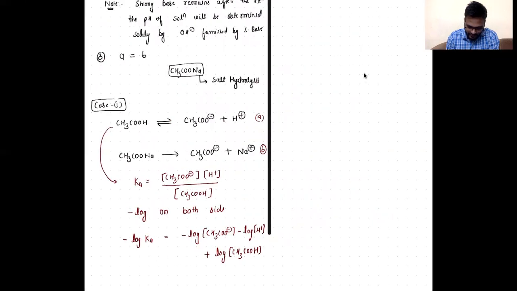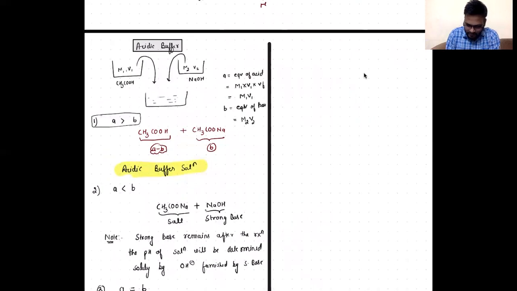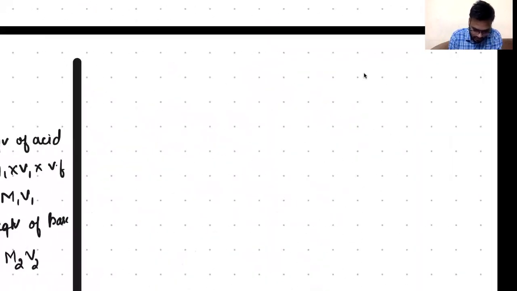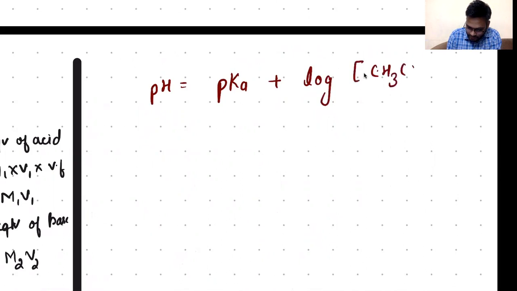If we simplify it and rearrange it, then it will give the expression pH is equal to pKa plus log of CH3COO minus upon CH3COOH.